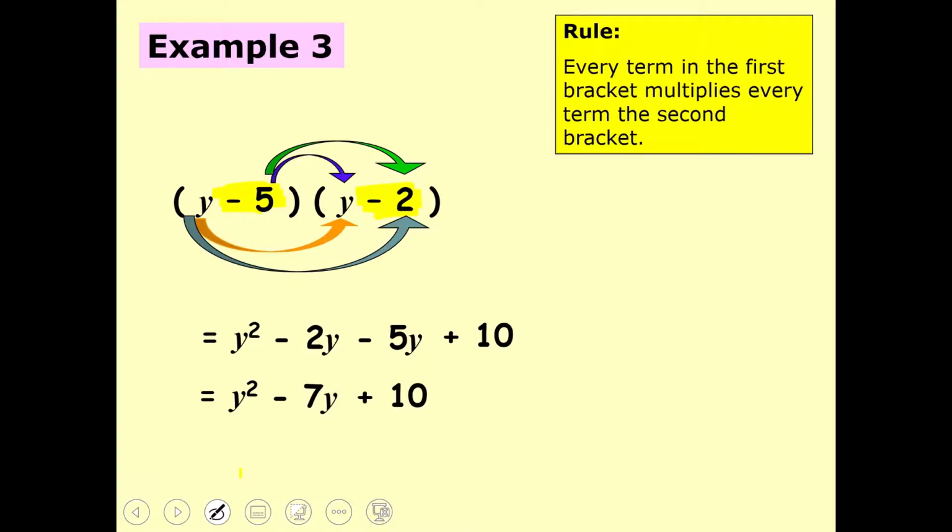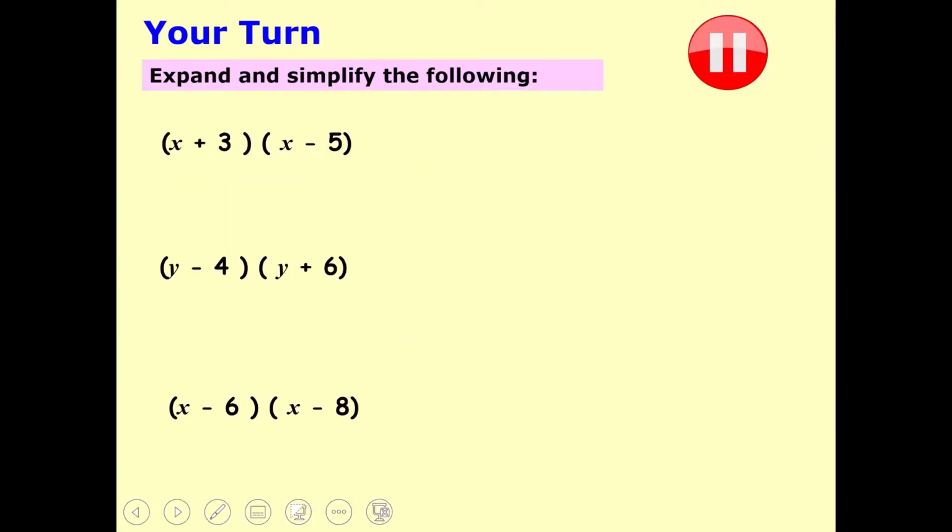And then tidy up your middle terms to get y squared. Then minus 2y minus 5y gives you minus 7y, and then plus 10 on the end. Okay, so again, please make sure you've got all those three examples copied down. And I would like you to pause the video here and try these three questions by yourself. When you unpause, we'll go over the answers.